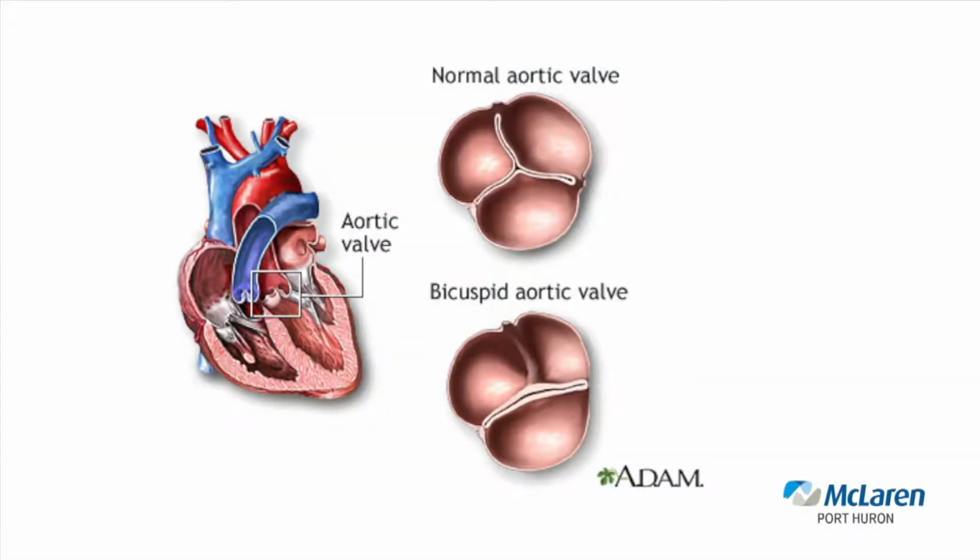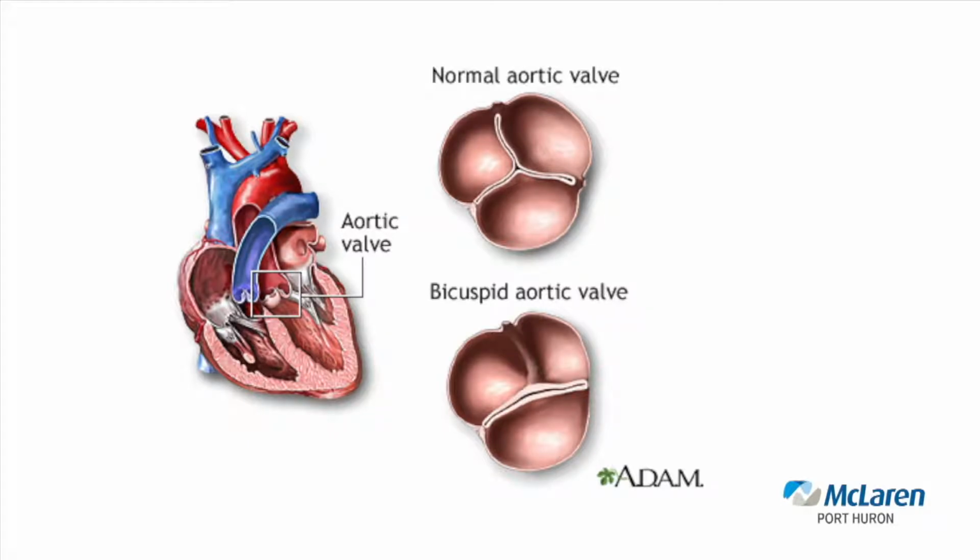Is the actual structure of the aortic valve changed then in people that are born with bicuspid disease? Yeah, so normally there are three cusps or three moving parts to an aortic valve. The most common problem that a baby can be born with that affects the heart is a bicuspid aortic valve.